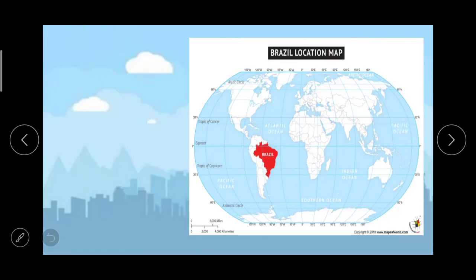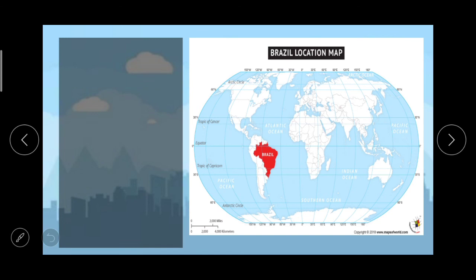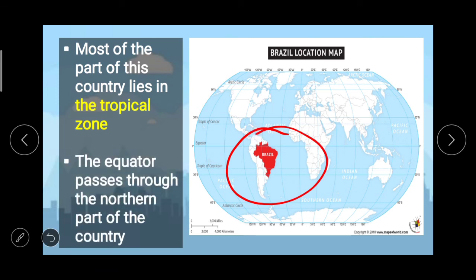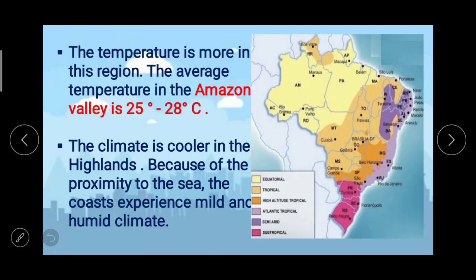Then the next, here is the Brazil location map. As we know and studied, most of the parts of this country lie in the tropical zone. The equator passes through the northern part of the country. The climate is cooler in the highlands, and the coasts experience mild and humid climate because of the proximity to the sea.